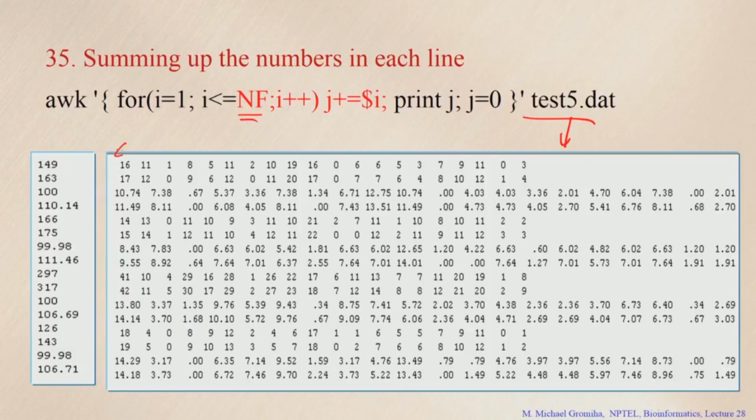So, take from here to all the fields, right, and then i plus plus is summing up. So, j plus equal to $i. So, you are adding each variable here, right, and finally print j. So, print j means this is the sum of the values, because we give j plus equal to $i, right. So, j equal to 0, because we need to write this final answer.